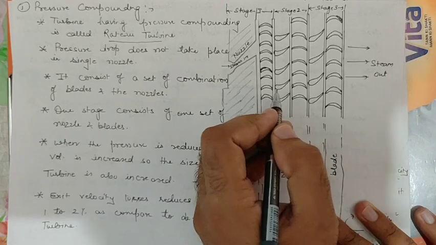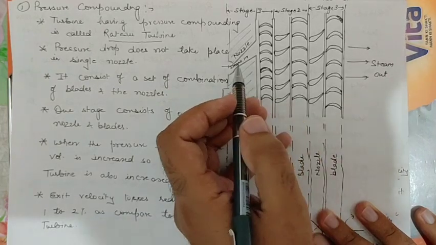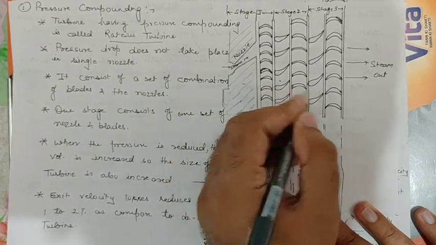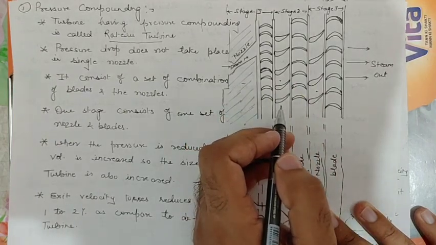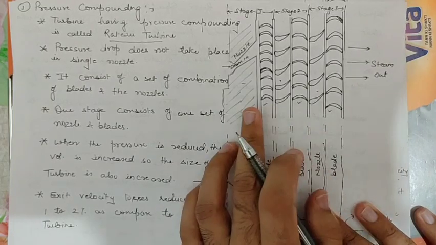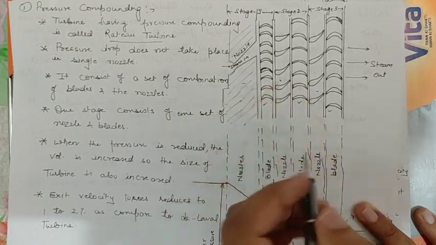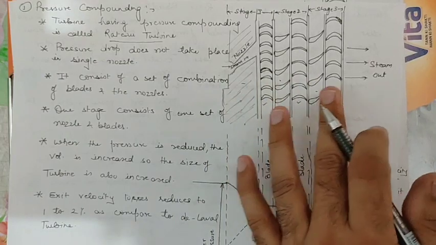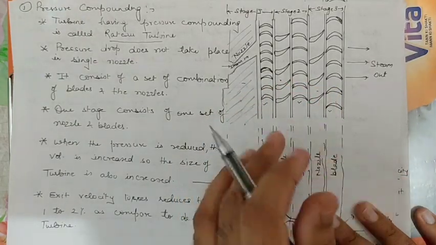The nozzles are fitted to the casing of the turbine, and these movable blades are attached to the shaft of the turbine. So the nozzle is attached to the casing of the turbine, and the movable blades are keyed to the turbine shaft.